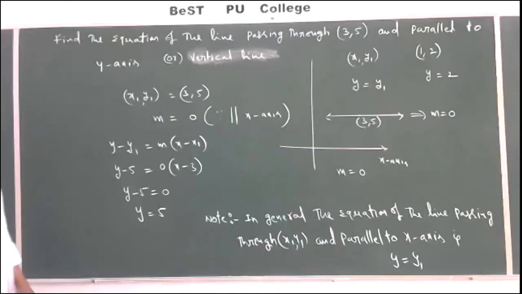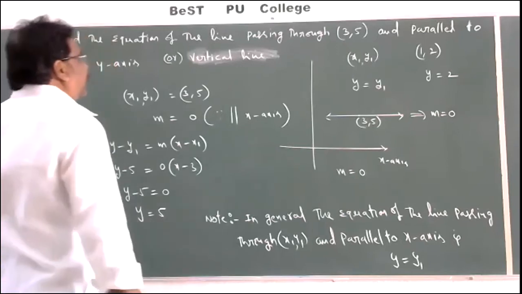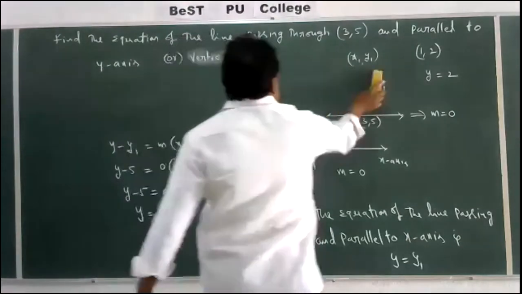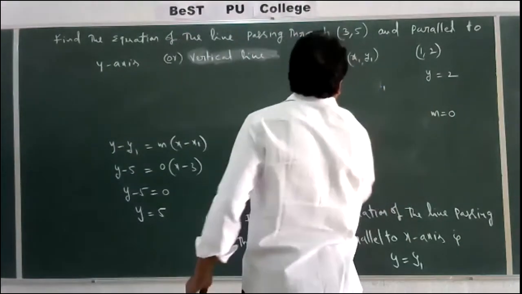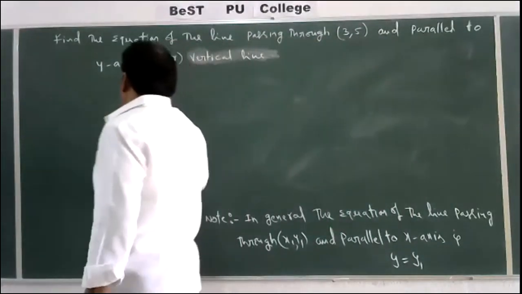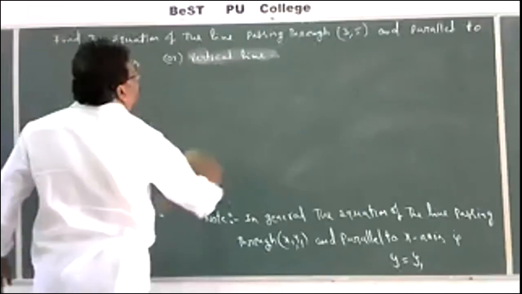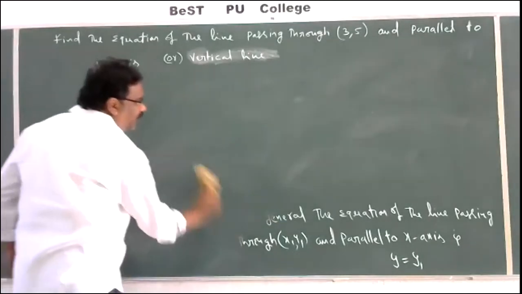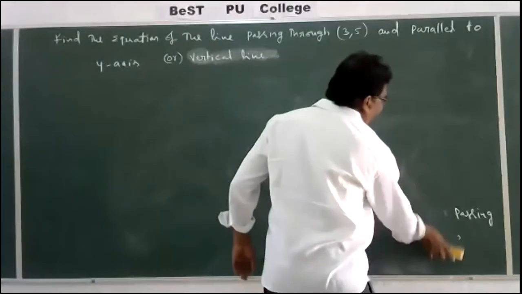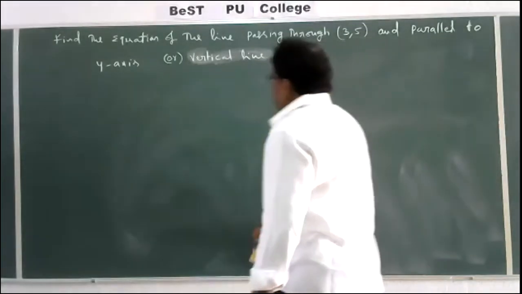Find the equation of the line passing through (3, 5) and parallel to the y-axis, or parallel to a vertical line. Vertical line means the y-axis.